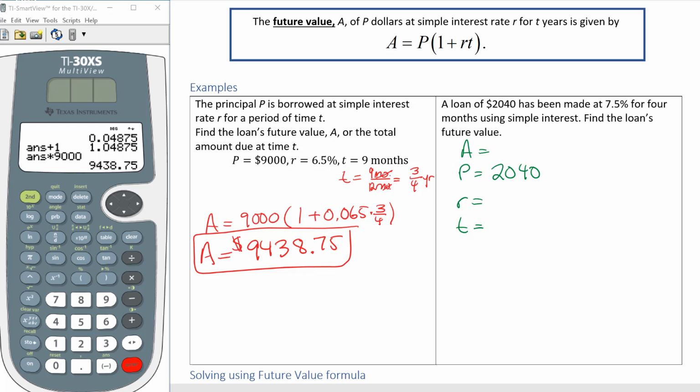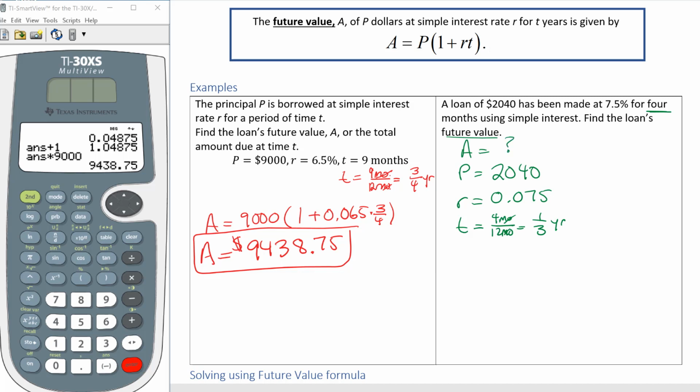At a rate of 7.5%, so that's 0.075 for my rate, for 4 months. 4 months out of 12 months, if I reduce that, gets 1/3 of a year. So my T is going to be 1/3. Then it says find the future value, so that's the thing I don't know.